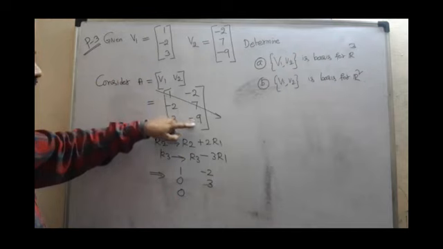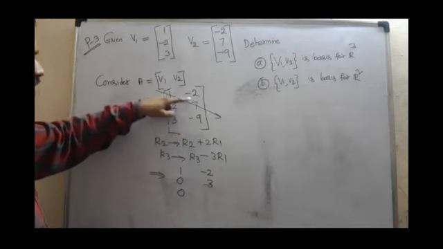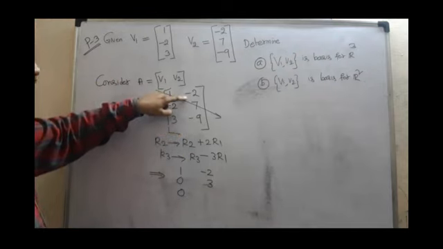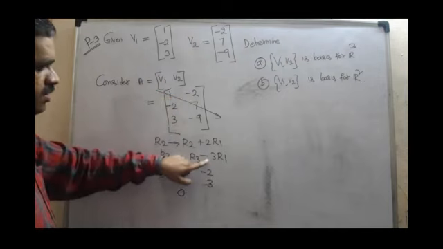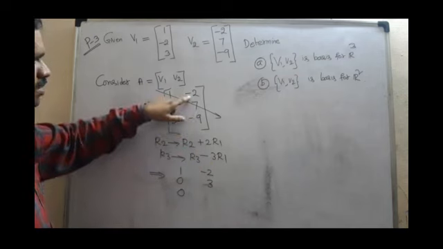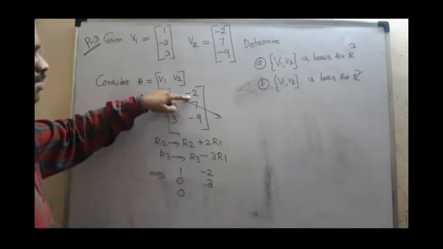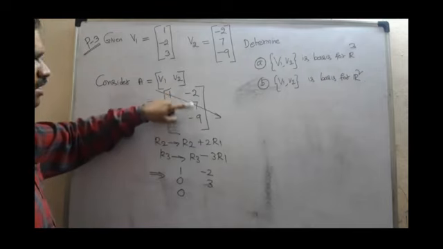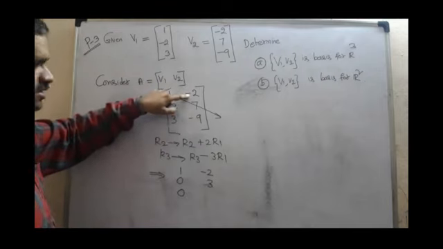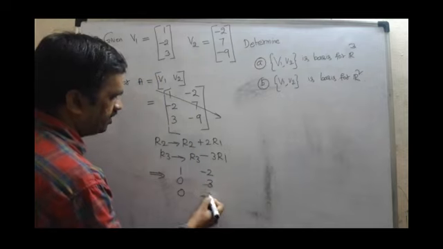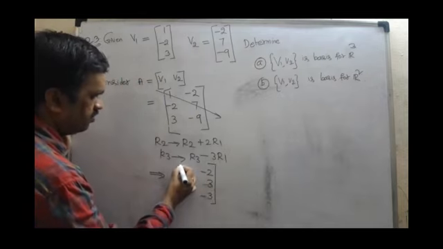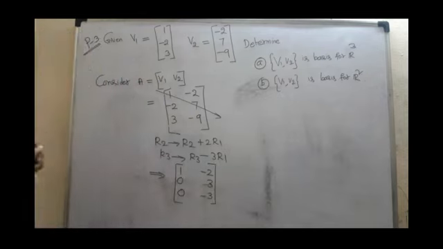Again here minus 9, we multiply 3 times minus 2, that is minus 6, and doing the subtraction, minus 9 minus of minus 6, so you are getting minus 3. We are getting 1, minus 2, 0, 3, 0, minus 3.